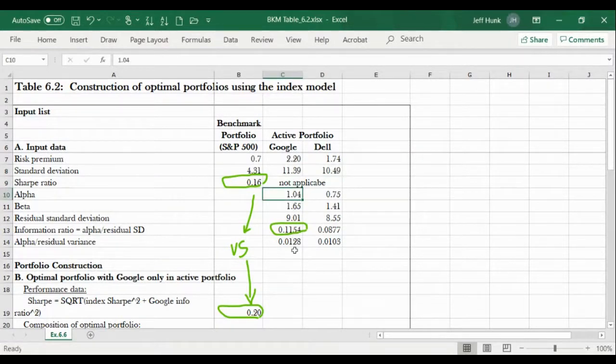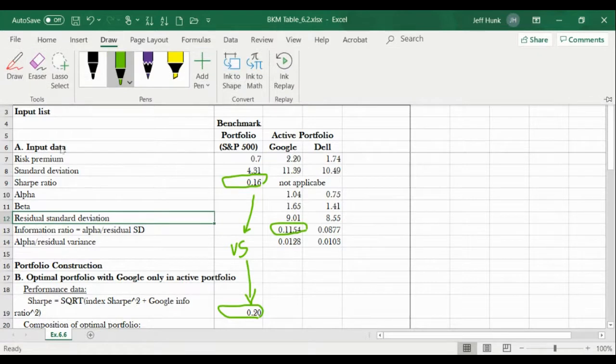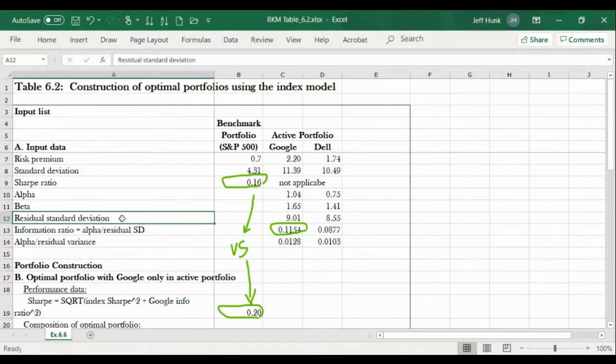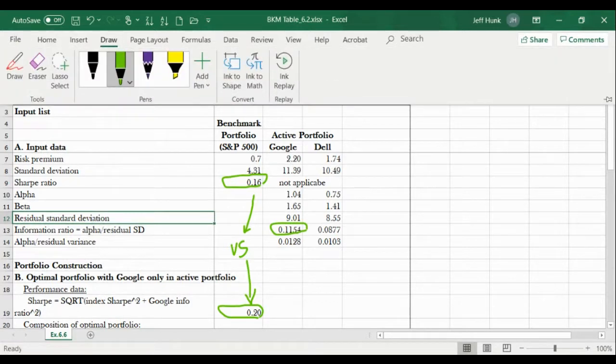So alpha and the residual standard deviation, which means actually it's the standard error, right? Standard deviation of error terms. So should I draw? Yeah, maybe I will.